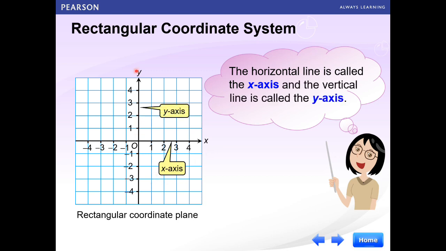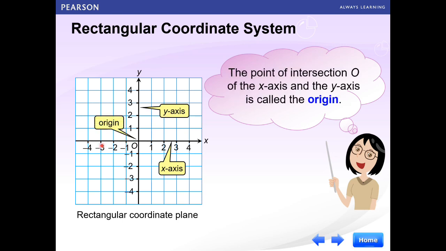And the vertical one, we will call the y-axis. The intersection of the two number lines, this one, we will call the origin. So you will see that this 0, just like an O, also points out the position of the origin.